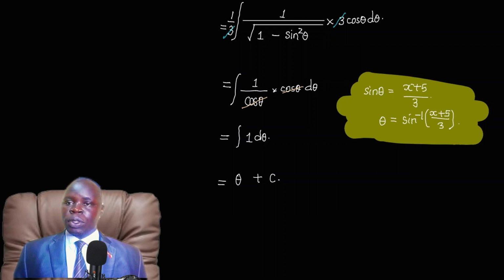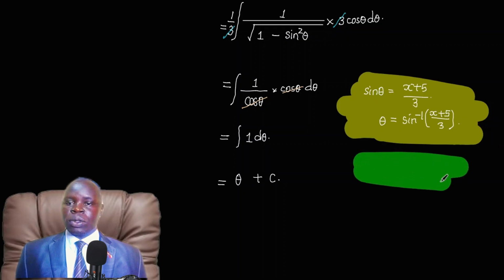In some books, you notice that somebody can write this in terms of arc. So if you also get something like this, it refers to the same thing as theta equals to arc sine of our expression x plus 5 over 3. So this is exactly the same like what we had here.